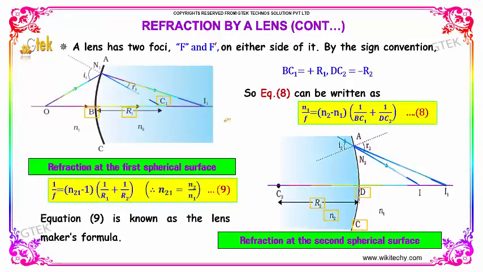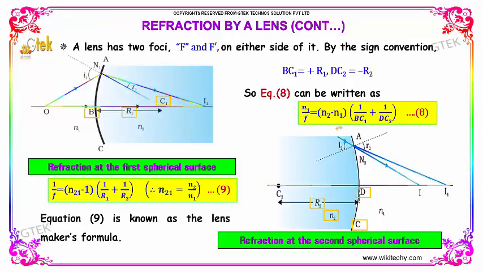A lens will have two foci, F and F dash, on either side of it. By the sign convention, BC1 is considered as R1 and DC2 is considered as minus R2. So equation 8 can be rewritten as this one.